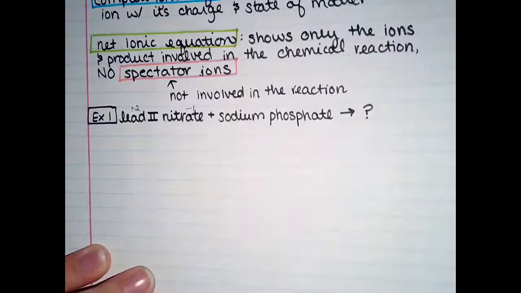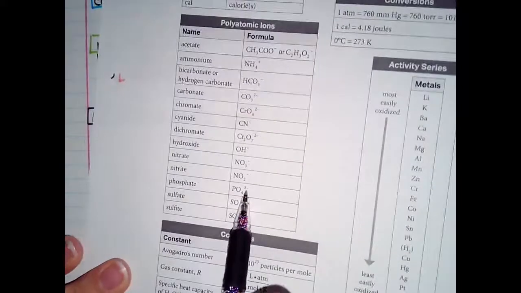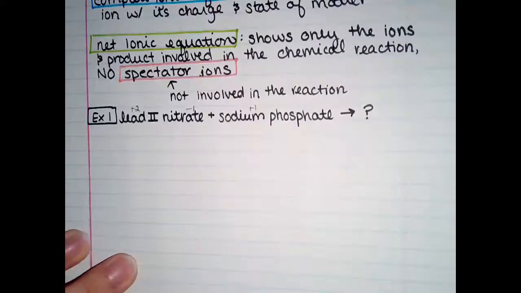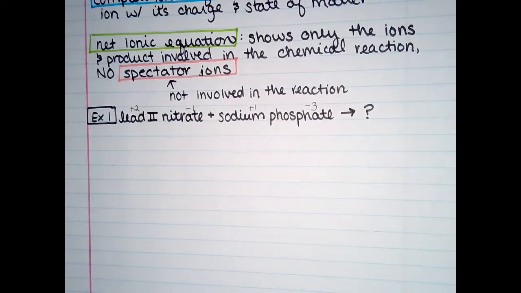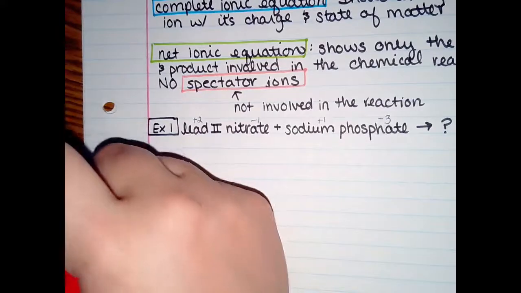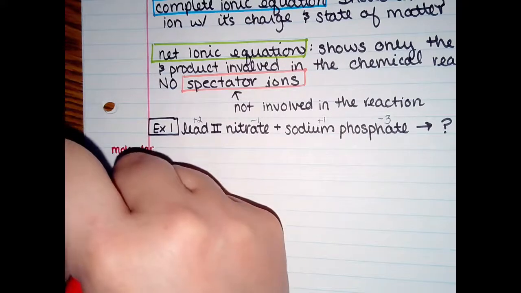It's in the +1 column. And phosphate, I'm going to go to my formula sheet. The charge is -3. So off to the side here, I'm going to note what I'm doing first. This is the molecular equation.